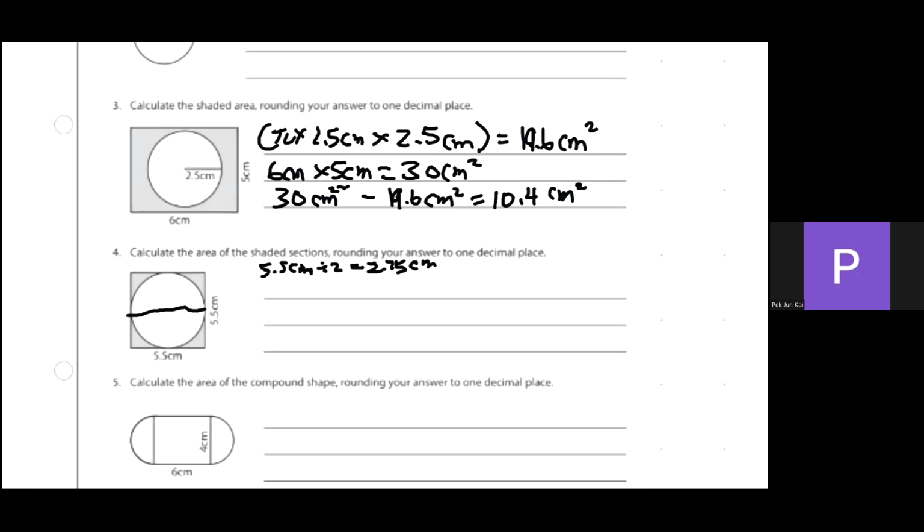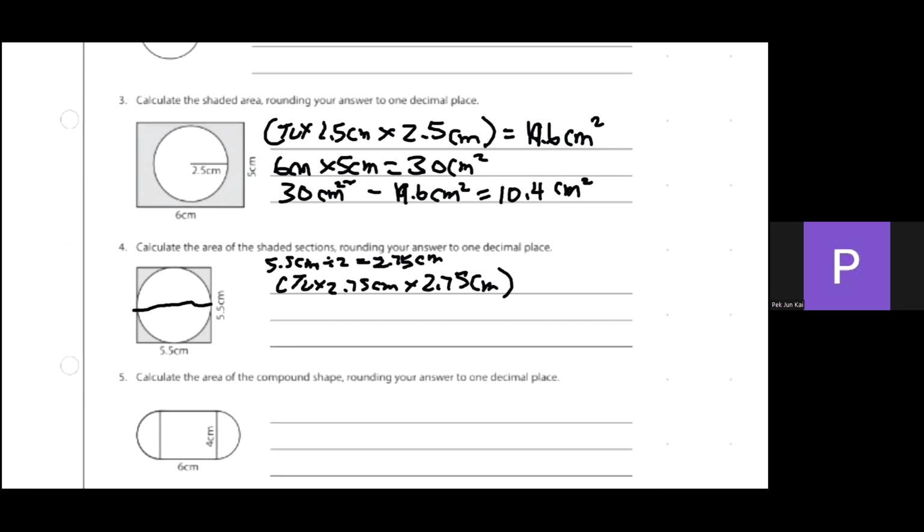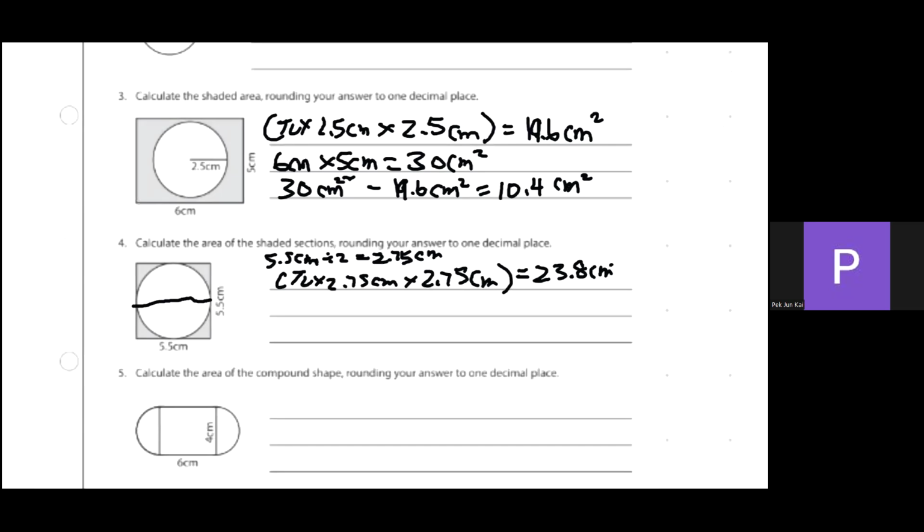So pi times 2.75 cm times 2.75 cm, we would get 23.8 cm square for the area of the circle inside the square.